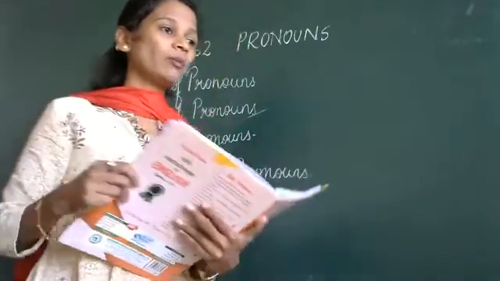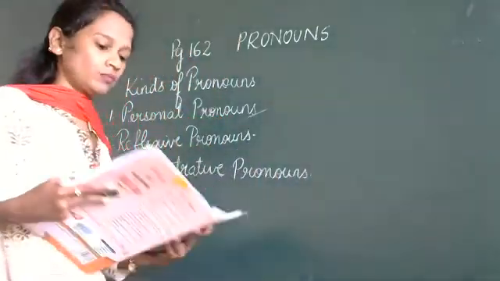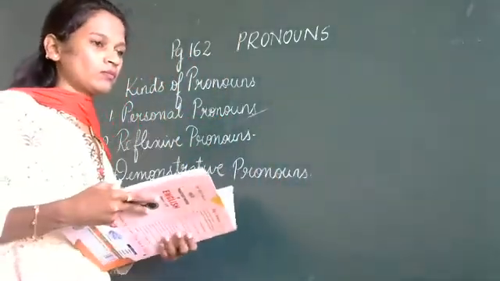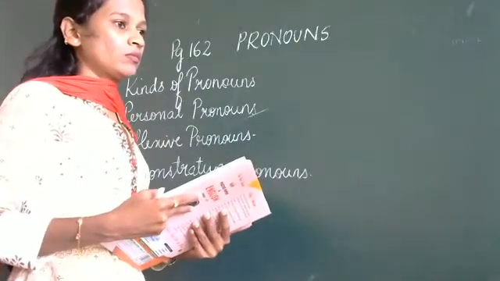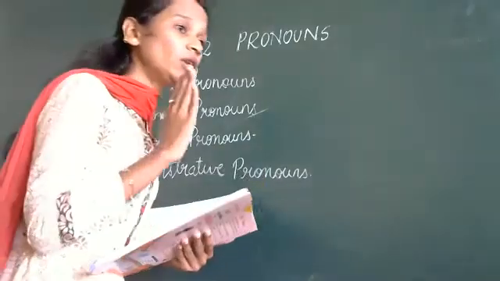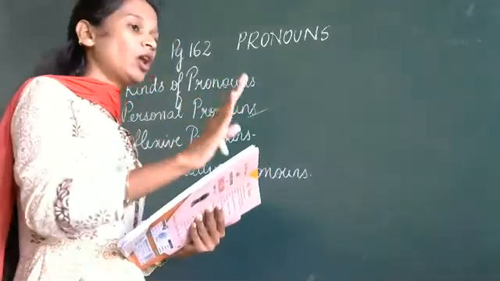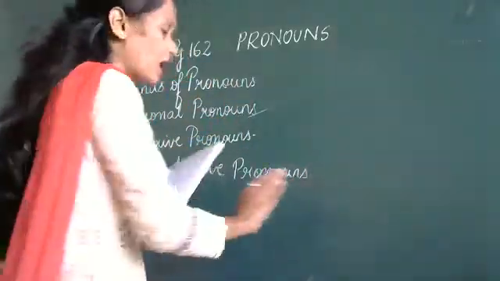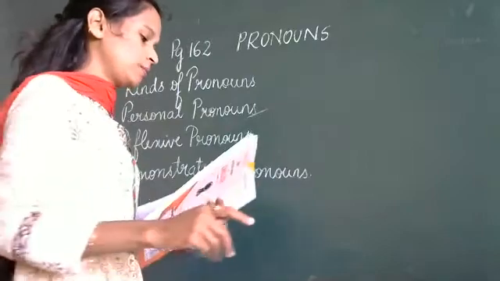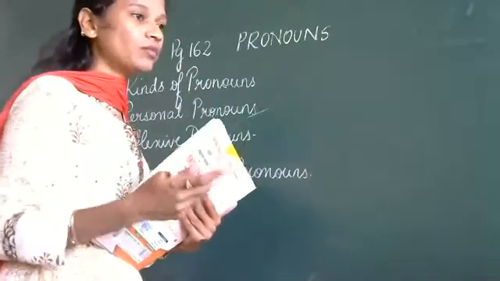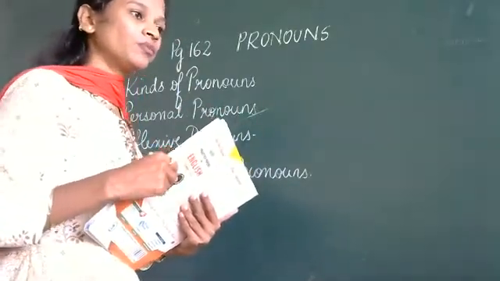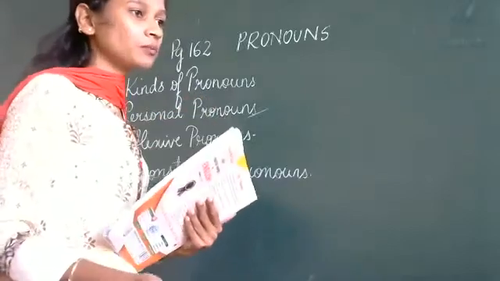Give me examples for demonstrative pronouns. Ma'am, those flowers are very. Either you need to use this, that, these, those. So the words that belong to this, that, these, those are demonstrative pronouns. They are used to point out something. Yes, these are my books.